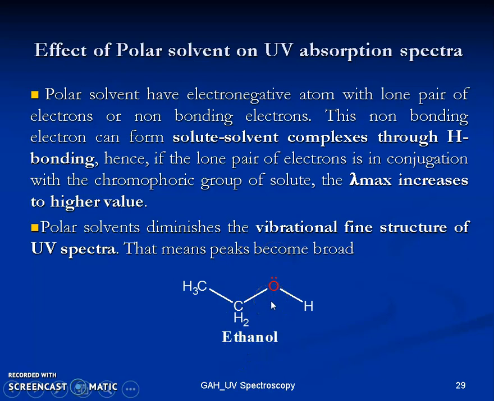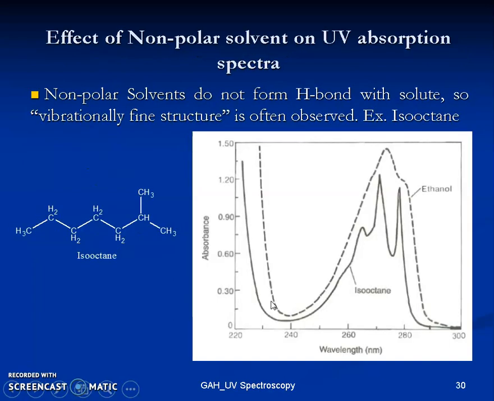And I will show you this particular diagram here, where I have taken a compound in ethanol, which is a polar solvent, and you can see there is a lot of detail that is missing in this particular area.